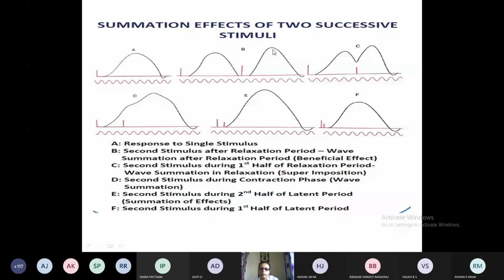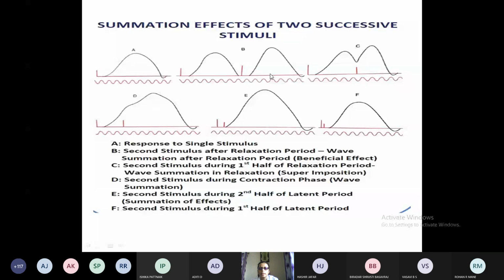So here you can say that the effect of the first stimulus is added in the second one. Because of that, the second curve has a higher height, meaning the strength of the curve is increased. So here you can tell that it can be a beneficial effect.